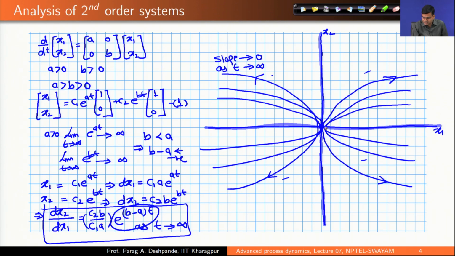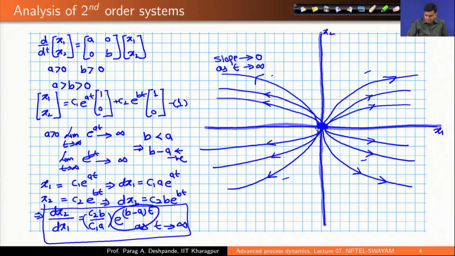These all are supposed to meet at 0, by the way. These would be the solution curves where they all emerge from 0 0 and then they go to infinity, satisfying the condition that the slope as time t tends to infinity tends to 0.